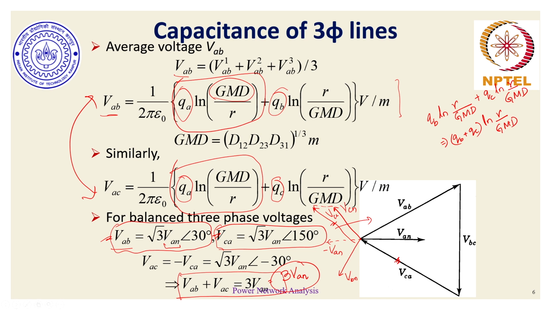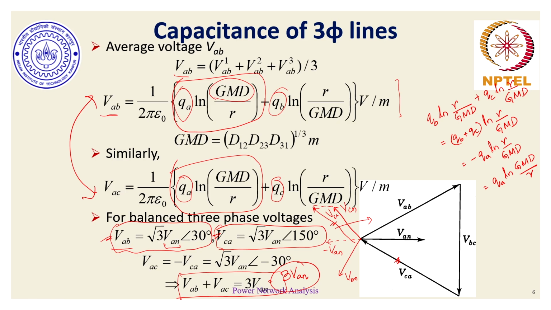And remember, this is a balanced system, so QA plus QB plus QC is always 0. So this is equal to minus QA natural log of R by GMD, which is also equal to QA natural log of GMD by R. Minus 1 when taken in as a log inverses the ratio.